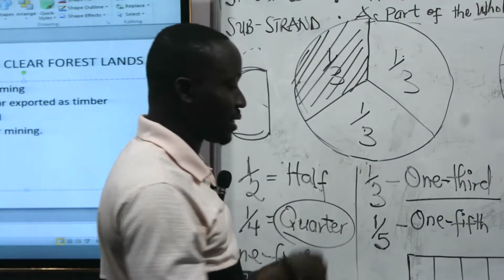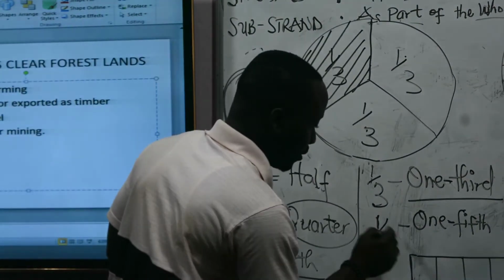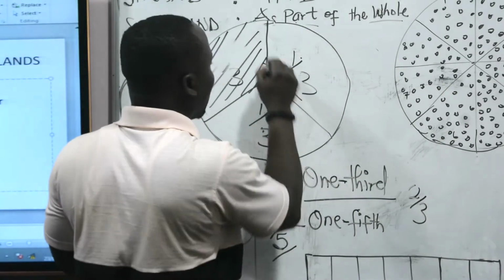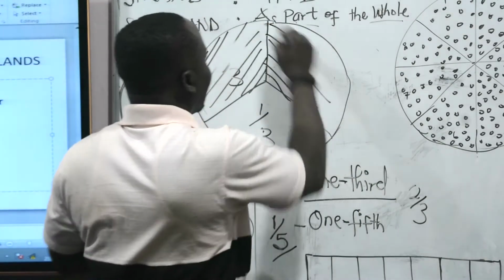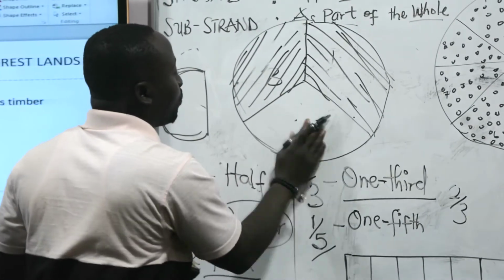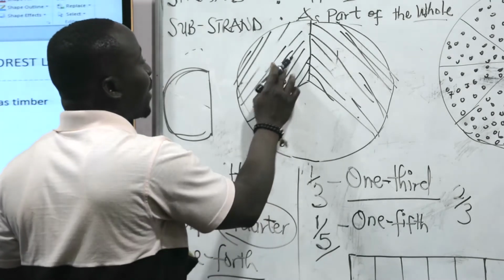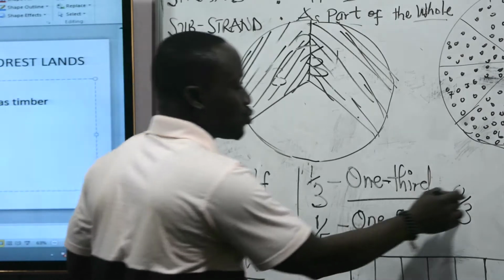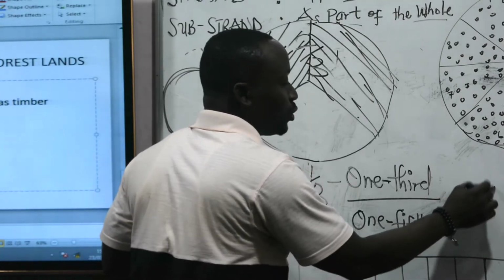We can have fractions such as 1/5, 2/3. If I'm to shade 2 portions out of the 3, these two portions shaded can be referred to as 2/3. That is 2 out of 3.